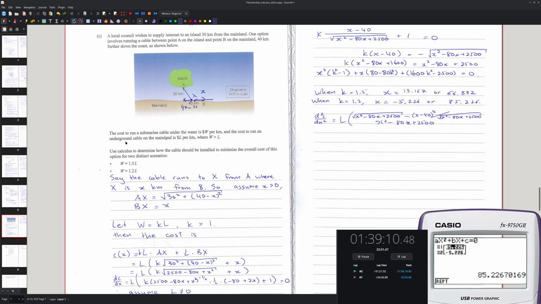I think that's right. But that would imply that this is always convex, which we know it's not, right? Because it comes back down eventually.